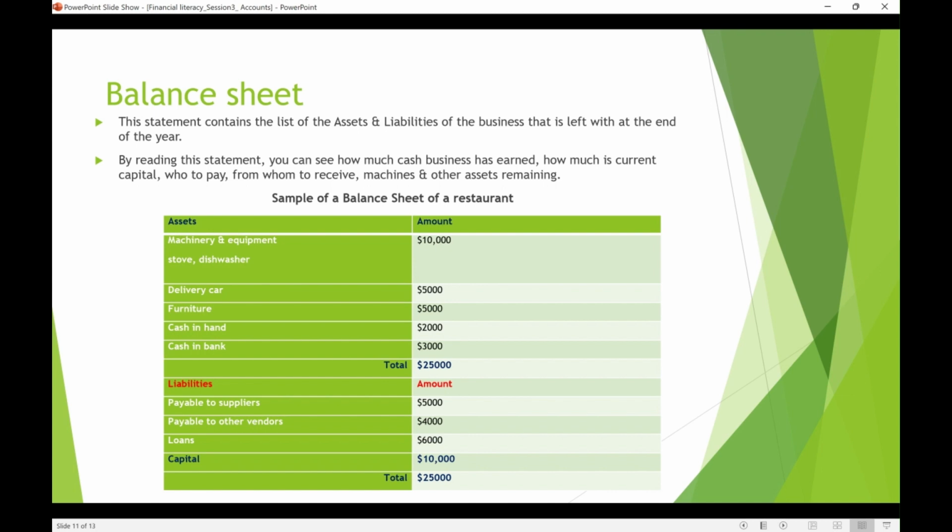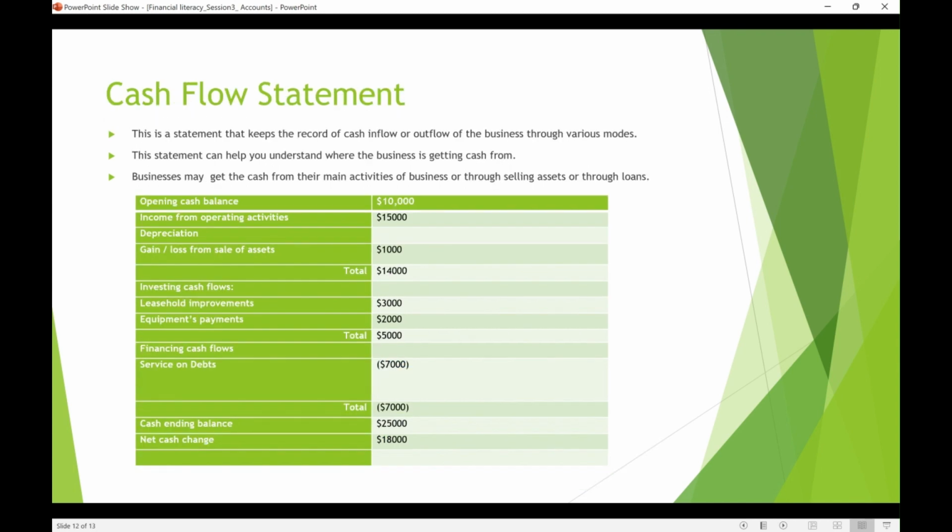So we have to balance and tally assets and liabilities. For the $10,000 short on the liabilities side, we have to add that cash into the business as capital. So $10,000 has to be added to tally the assets and liabilities, which makes it $25,000 on both sides. We'll see in a bigger picture how a company does the balance sheet in reality.